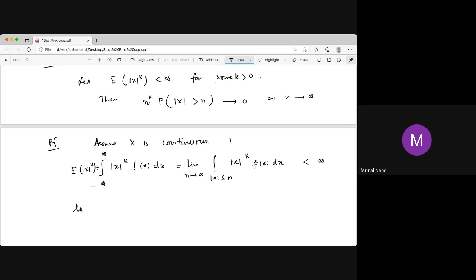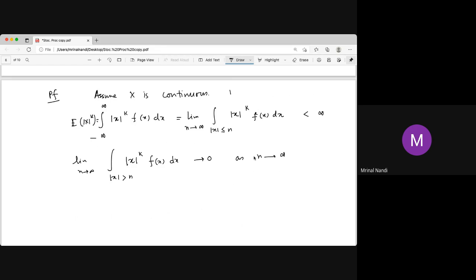Now, as n tends to infinity, the integral over the complement part, |x| strictly greater than n, of |x|^k f(x) dx tends to 0. Since the whole integral is finite, the tail part must go to 0 as n tends to infinity.